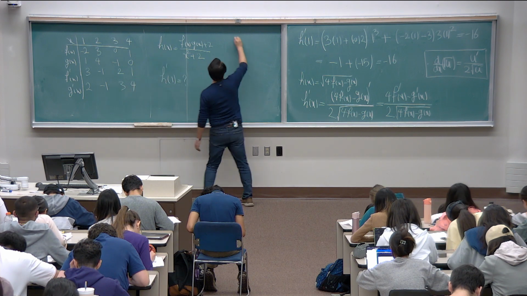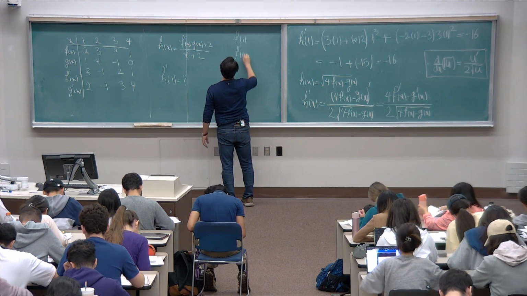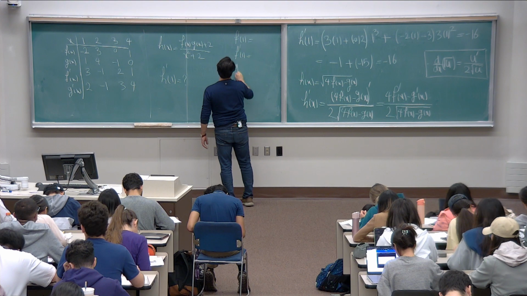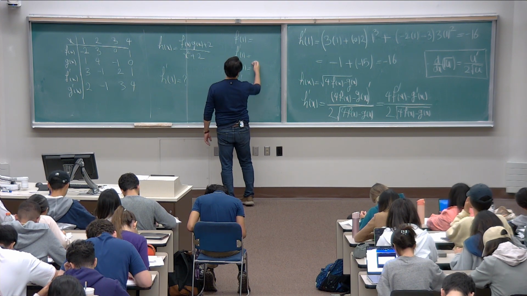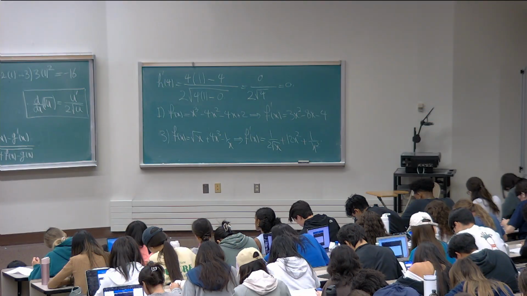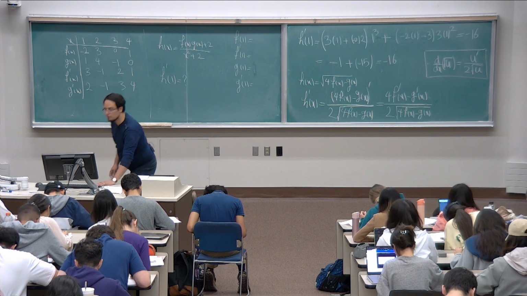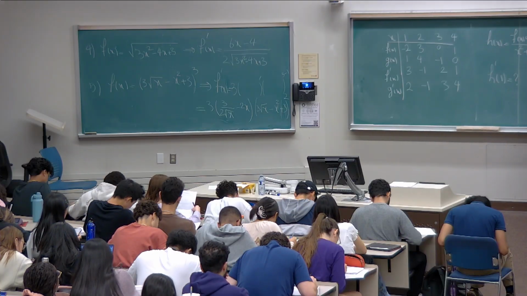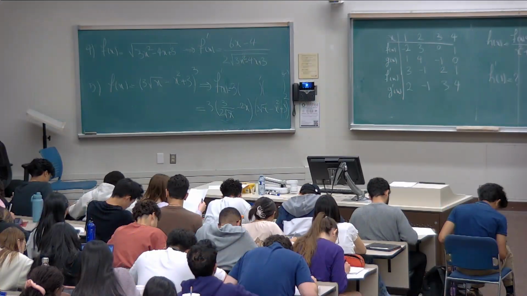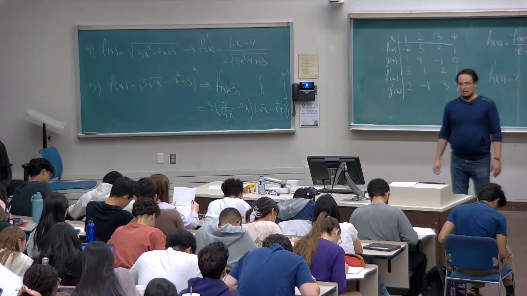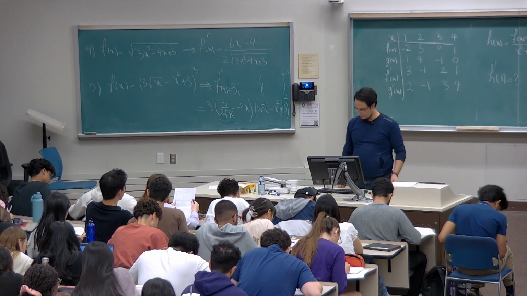We know that f at 1 is given, f prime at 1 is given, g at 1 is given, and g prime at 1 is given. What are those values? 2, 0, negative 2, 0, 2, negative 3. Negative 2, 0, 2, negative 3. Go ahead, please.